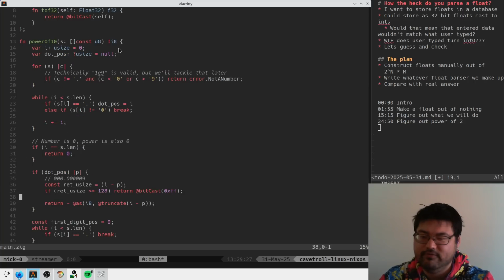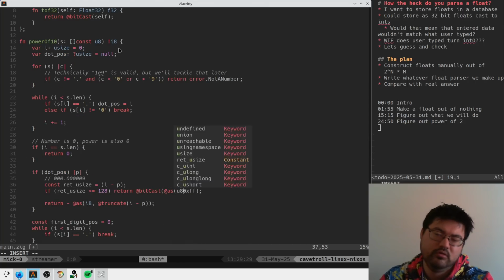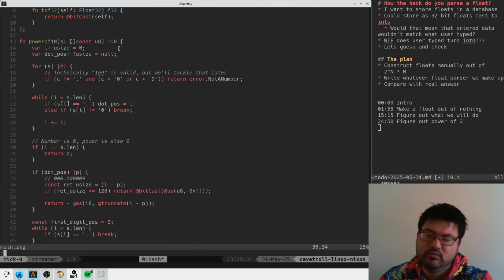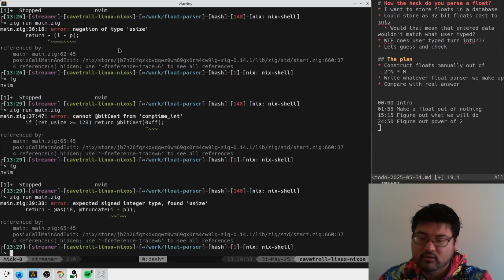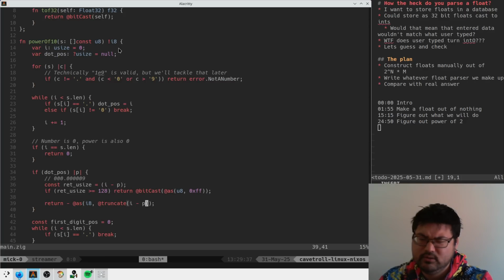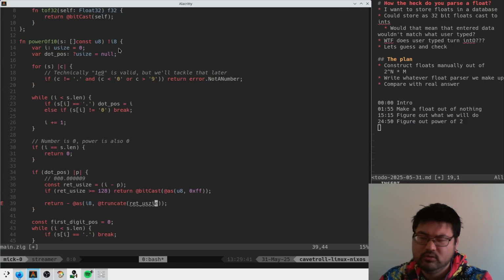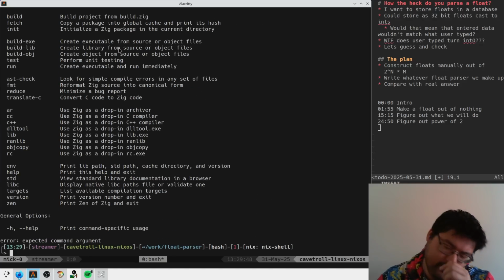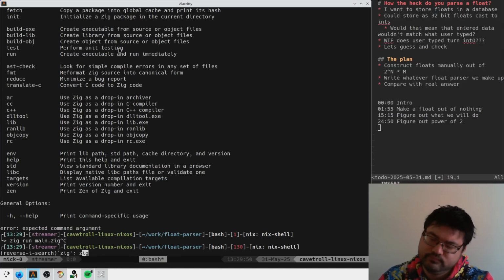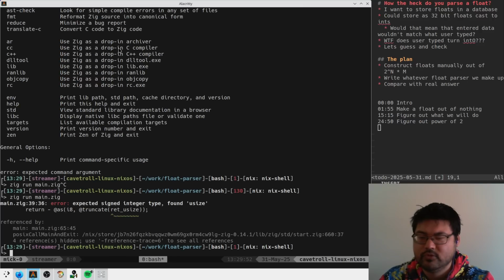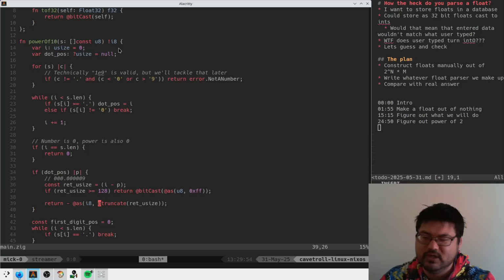Bitcast on comp time int. Expected integer type found U size? Why doesn't it like that? Expected signed integer type found U size.